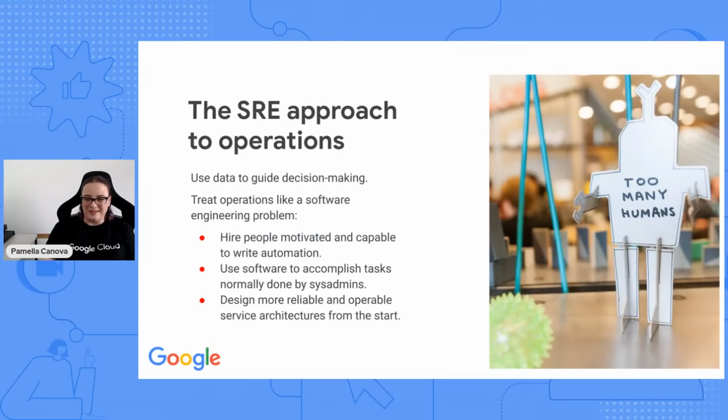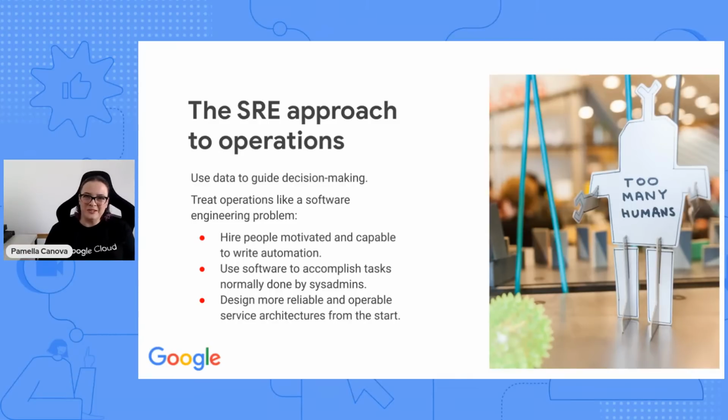So hiring people who know coding will reduce the problem of always having to ask software developers for help when you have a problem. If we have coders like software developers in all areas, then we can design more reliable and operable service architectures and products.